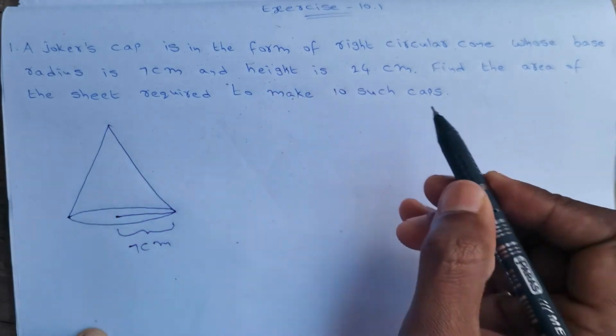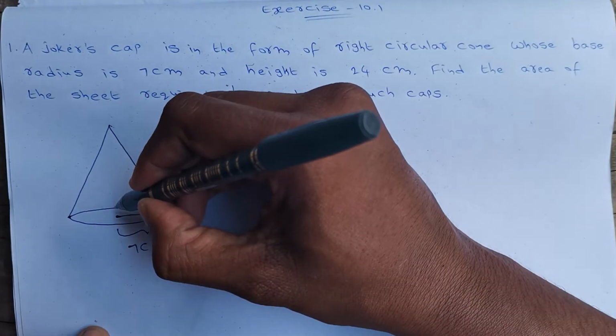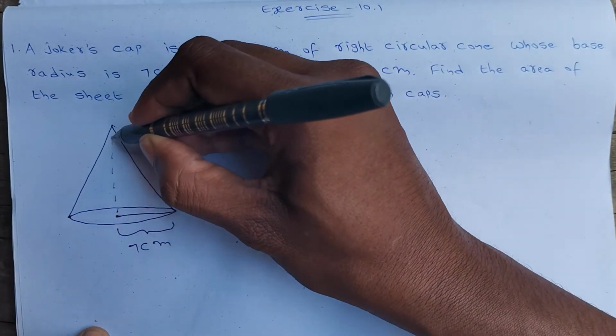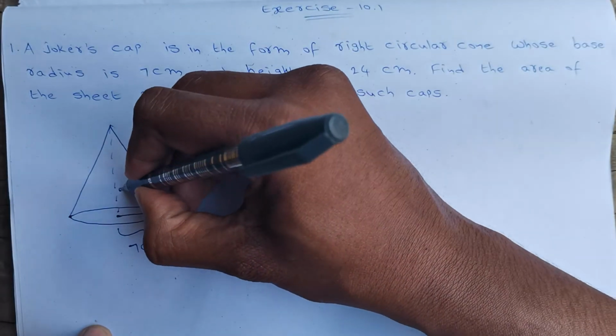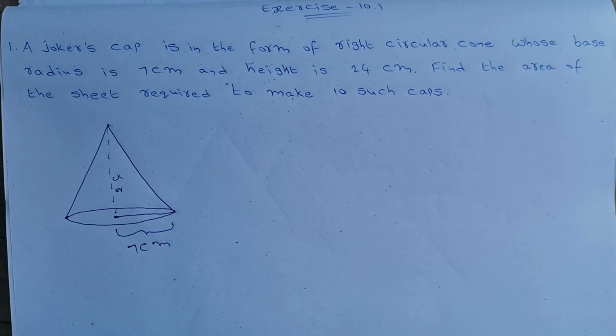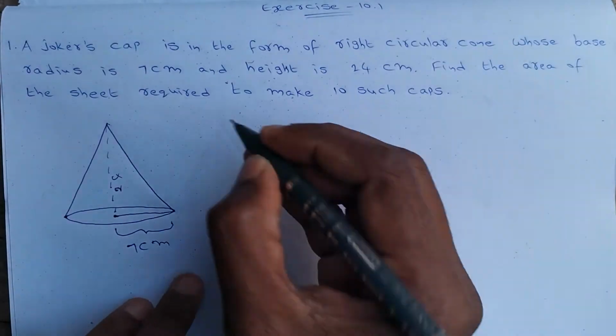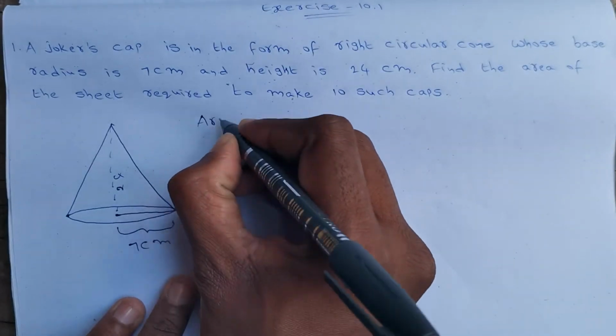And height is 24 centimeters. Then he is asking to find the area of the sheet required to make 10 such caps. First we need to find the area of a single cap. Then after we need to go with 10 such caps.